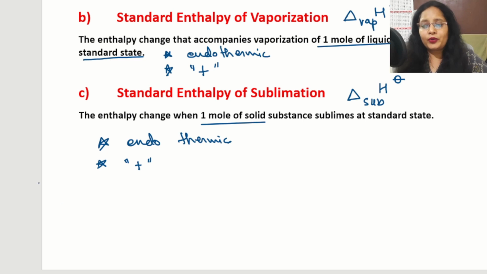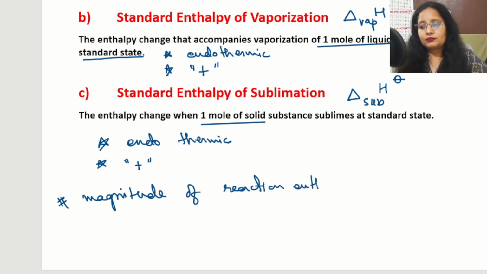Now one more point to mention here is, what is the magnitude of the reaction enthalpy? Or we can say how we can determine whether the magnitude is big or small.